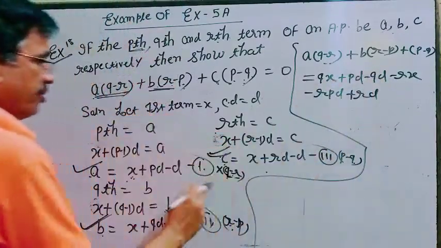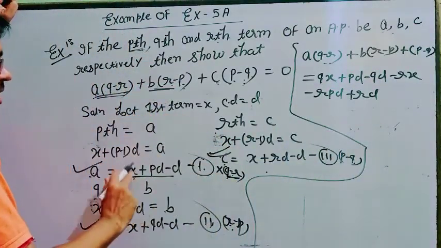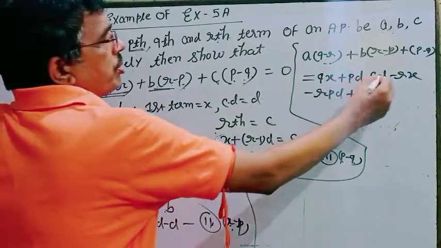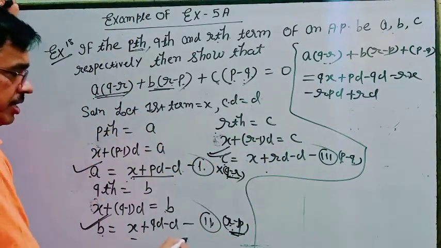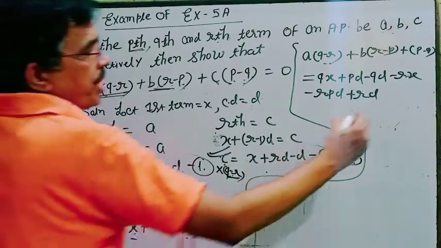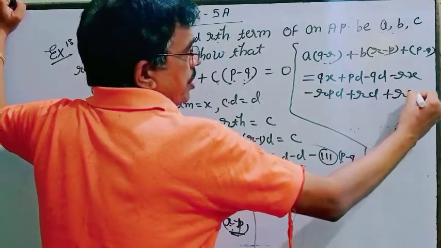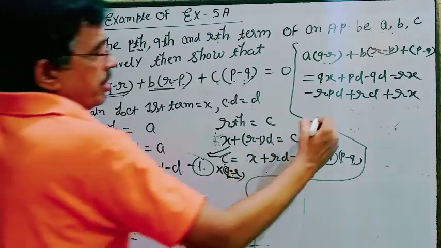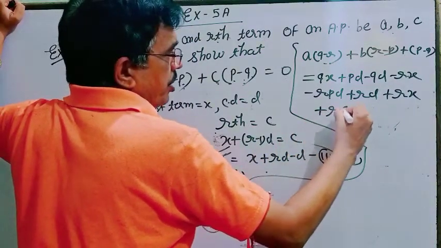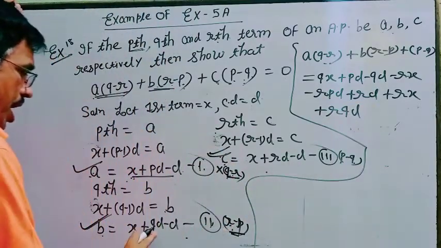It is the multiplication of these two terms and these three terms, a total of 6 terms: 1, 2, 3, 4, 5, 6. Similarly, here 2 terms and here 3 terms. So multiply: plus rx, plus rqd, and minus rd.